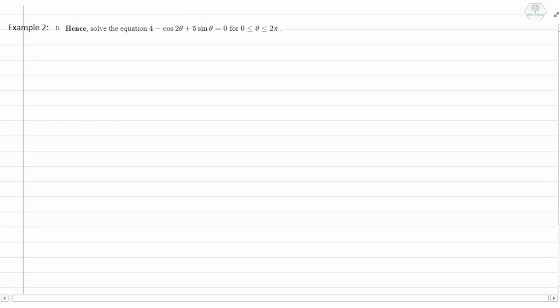Part B, the question begins with the word hence. Hence means I need to use what I did, or my answer, in part A. Using part A, you can solve this question.